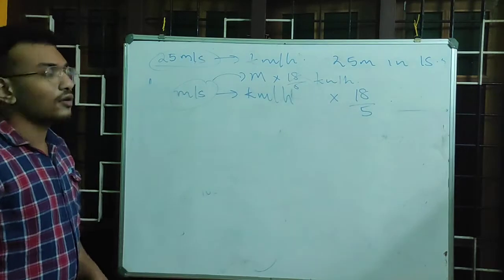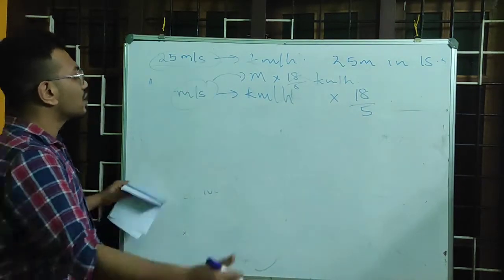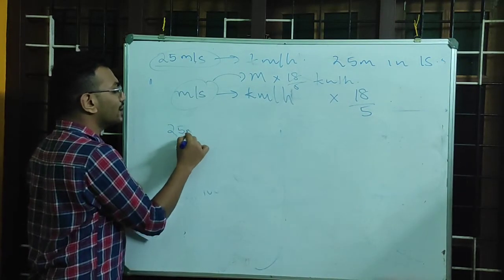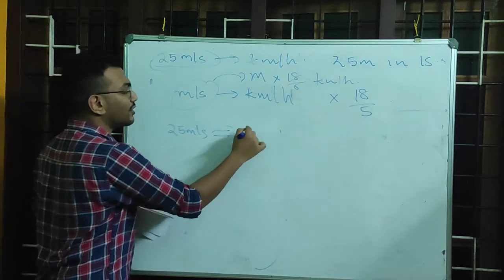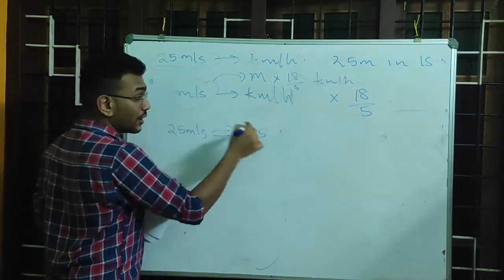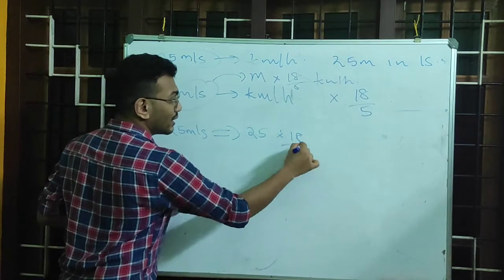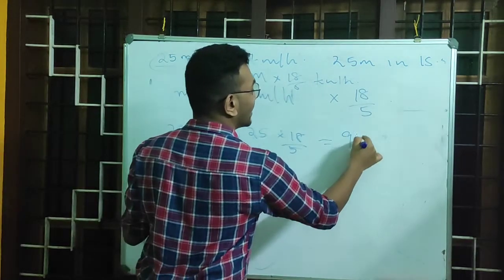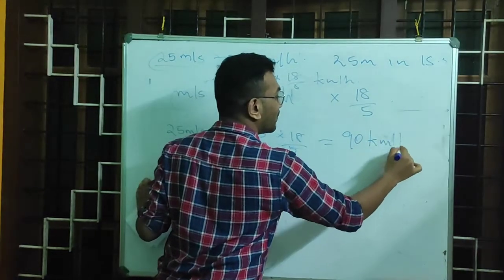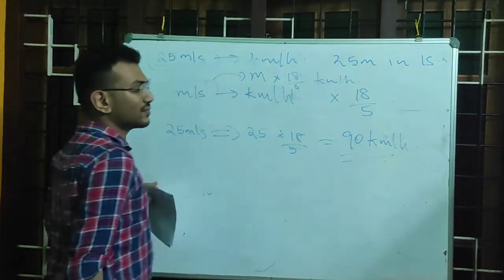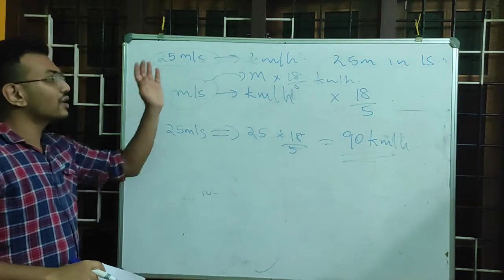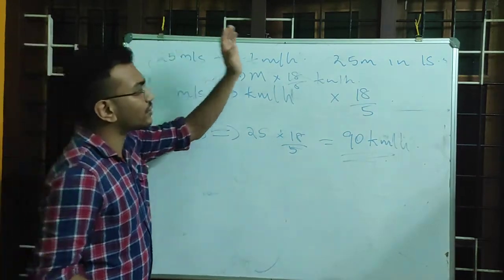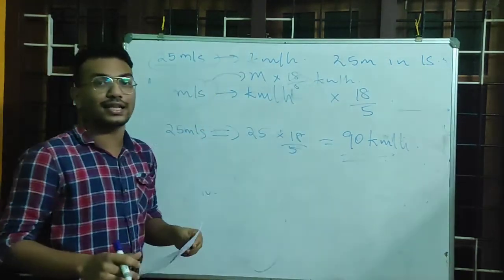For example, take 25 meter per second. We can write 25 into 18 divided by 5. So it is 90 kilometer per hour. Basic conversion: to convert meter per second to kilometer per hour, multiply by 18 by 5.